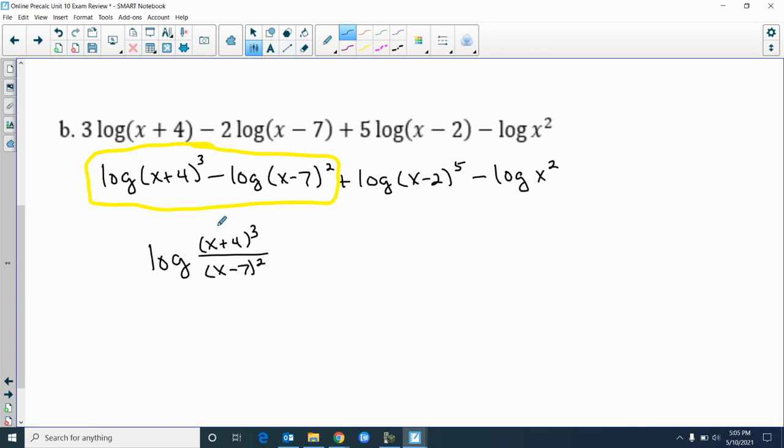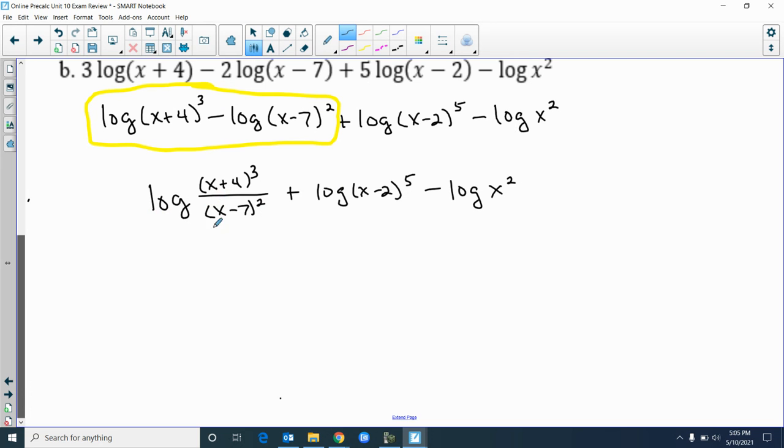Now remember, every time we condense, you condense it from 2 logs down to 1 log. Plus log of x minus 2 to the 5th minus log of x squared. I multiply.